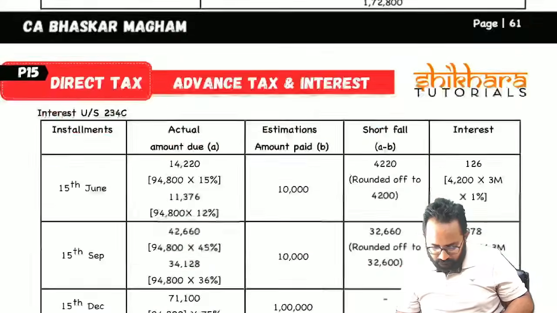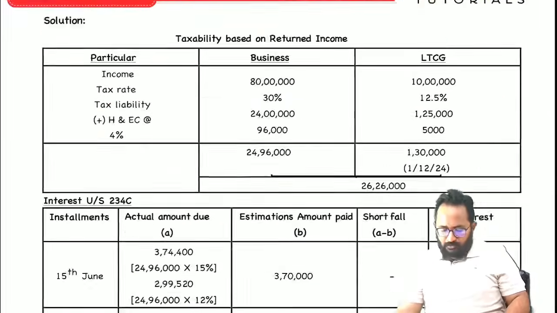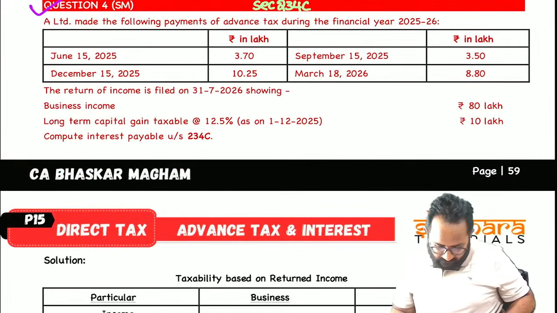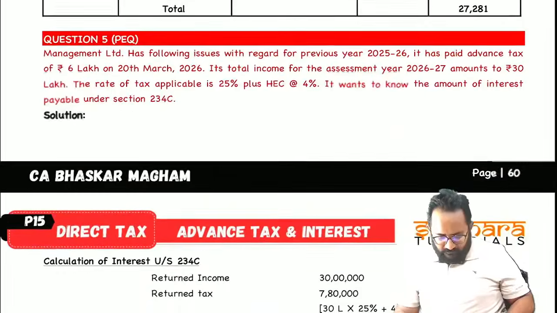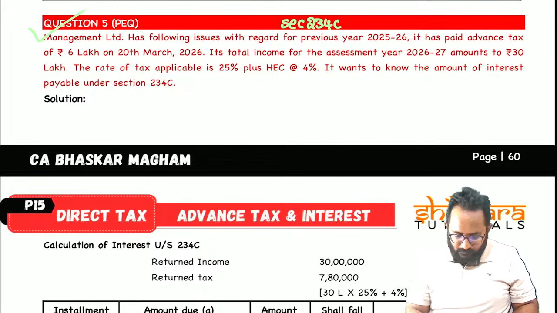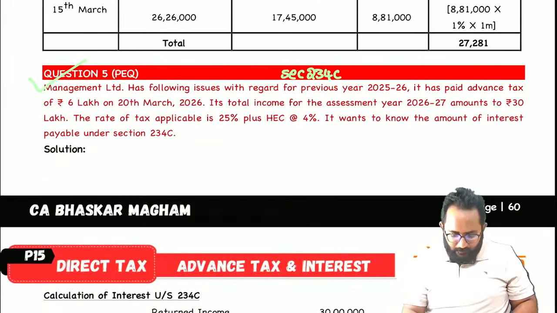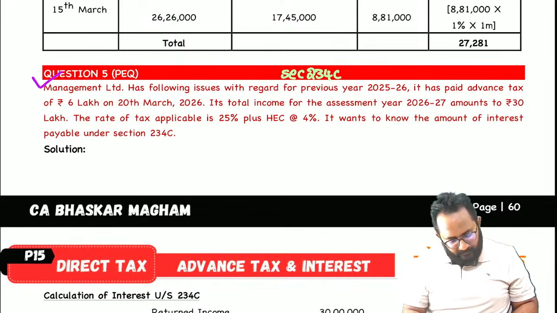This is also a basic question related to section 234C. Question number 4 and question number 5, you can do these basic questions on 234C, but they are important for the examination.